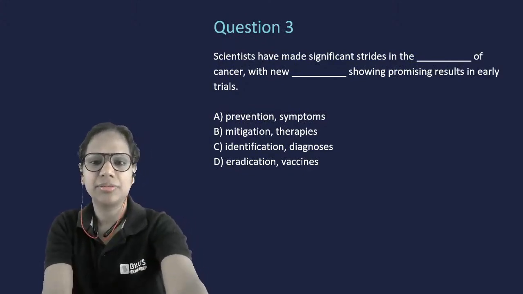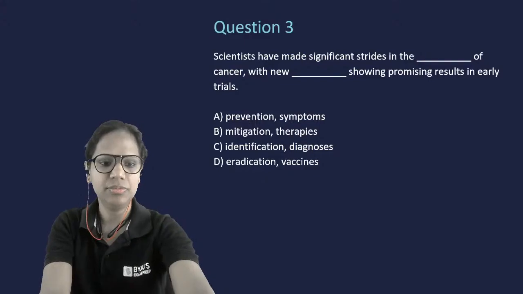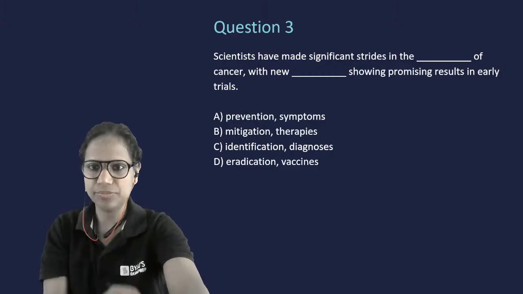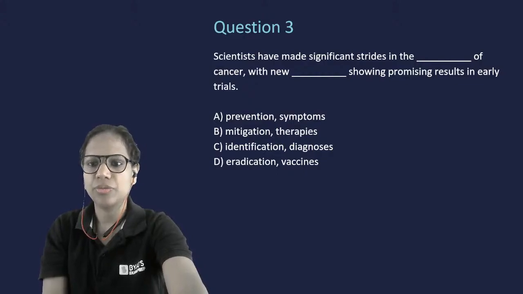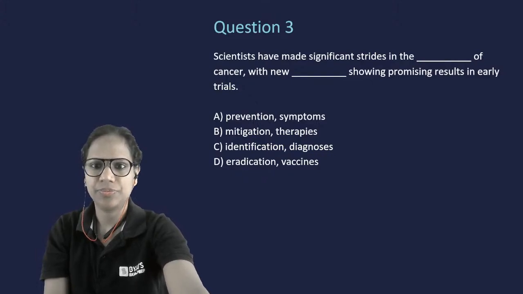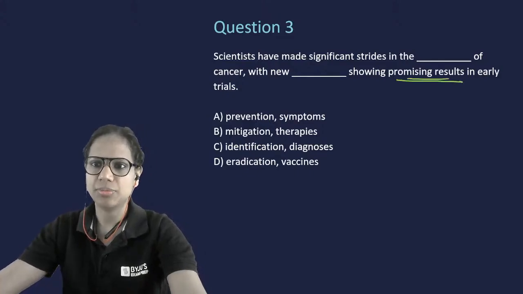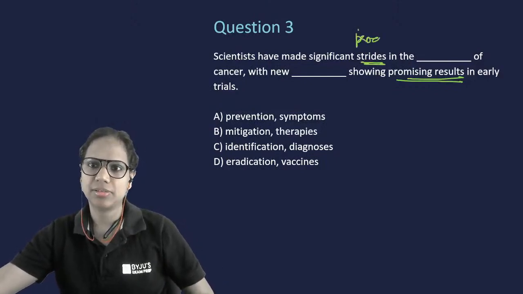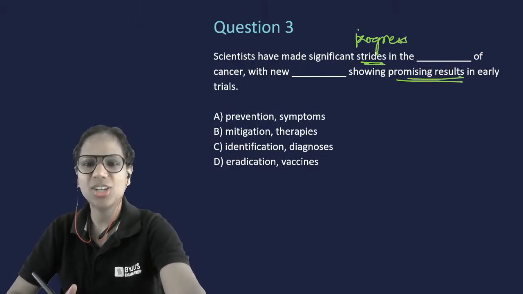Please eliminate. Pratyusha says D. Others. Sonali says D. Okay. Vinayak says C. So something is showing results, promising results, right? They have made significant progress. In what? So you say D Delhi and some of you say C.